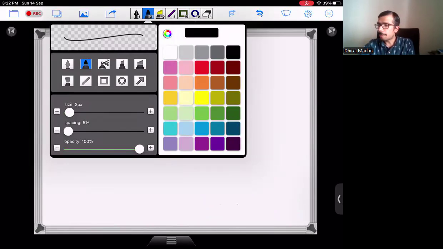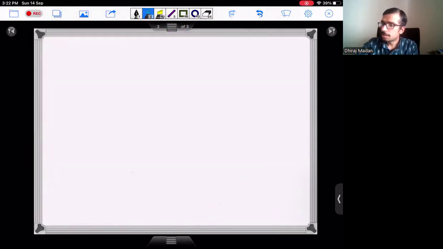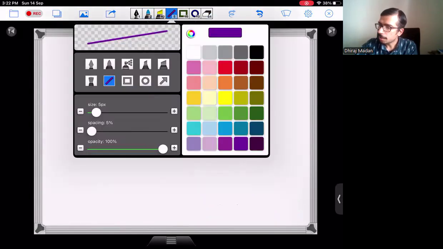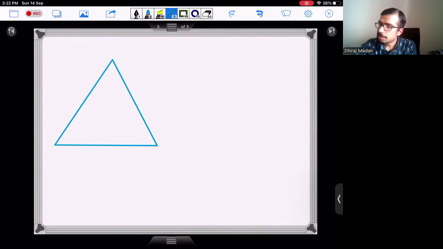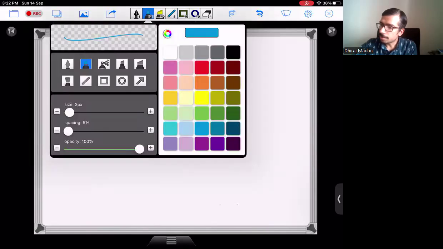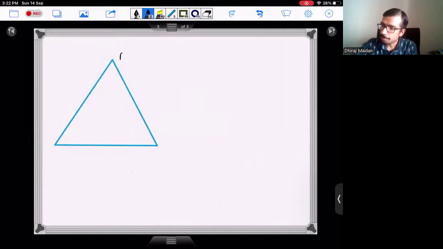So we have an equilateral triangle, and these 3 points are located at the vertices A, B, and C. All the common sides equal A.